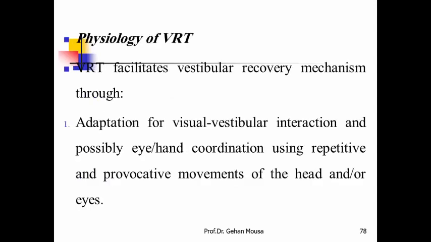The physiology of the vestibular rehabilitation program is based on adaptation for visual-vestibular interaction, which allows the possibility of eye-hand coordination by using repetitive and provocative movement of head and or eyes.